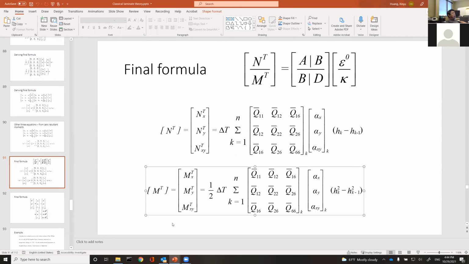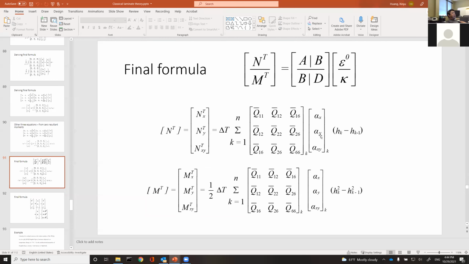These are not the true loads. Remember, we use N for force load, M for moment load. These are hypothetical loads. They basically represent that there's thermal stress at self-equilibrium. That's what these two equations mean. These are equilibrium equations, but you calculate these anyhow.